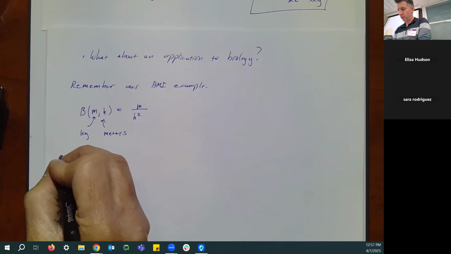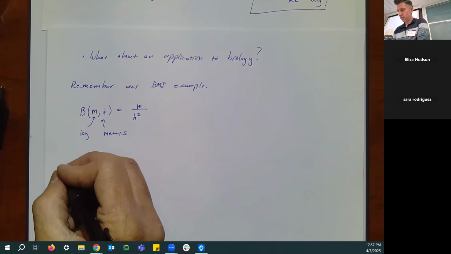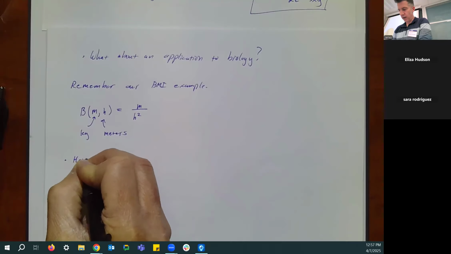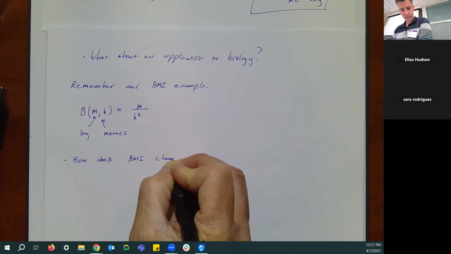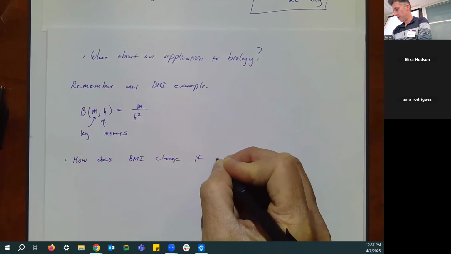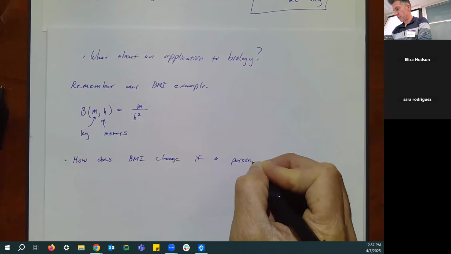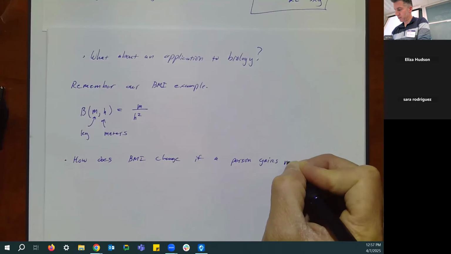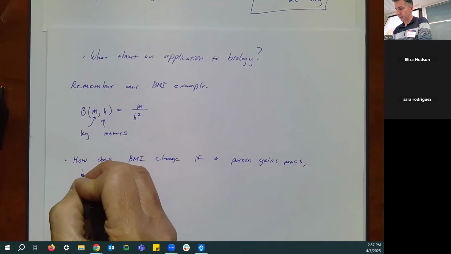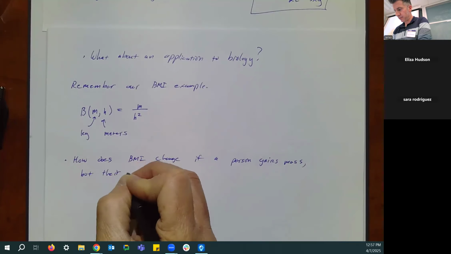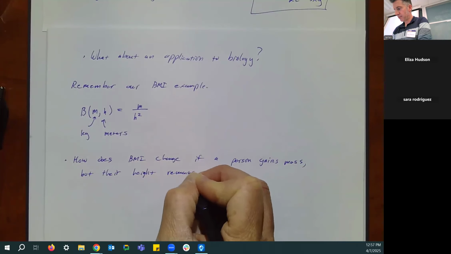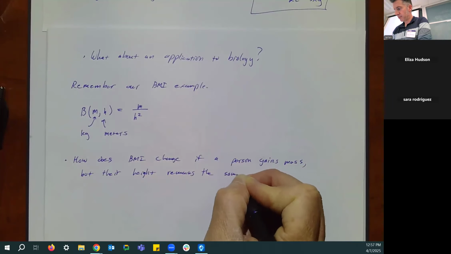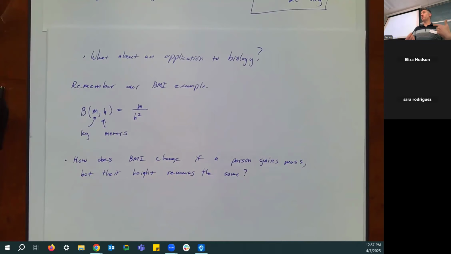So you could ask a question like, how does BMI change if a person gains mass, but their height stays the same? So we're asking, how does this function change as mass changes?